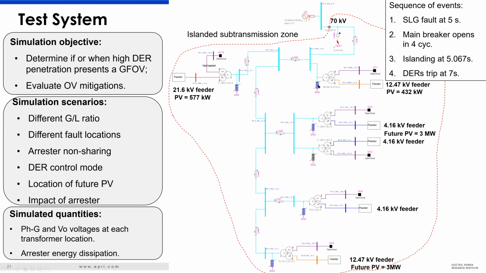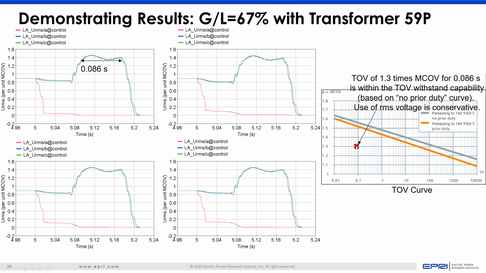After the feeder is isolated, the onboard PV protection operates, either overvoltage or frequency protection. Arrester energy also remained within capability, and the temporary overvoltage capability of the arrester was satisfied. With the transformer 59 protection, the arrester was exposed to the overvoltage for a short amount of time, so we are well within the capability of the arrester.